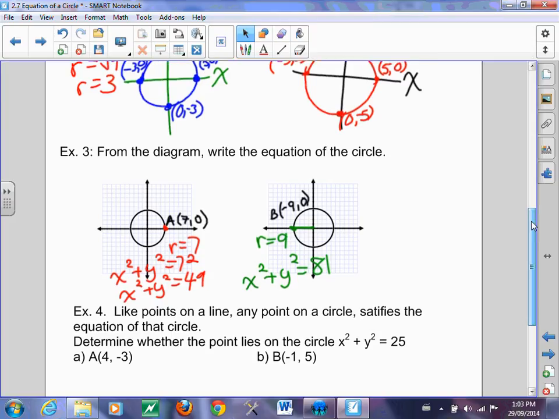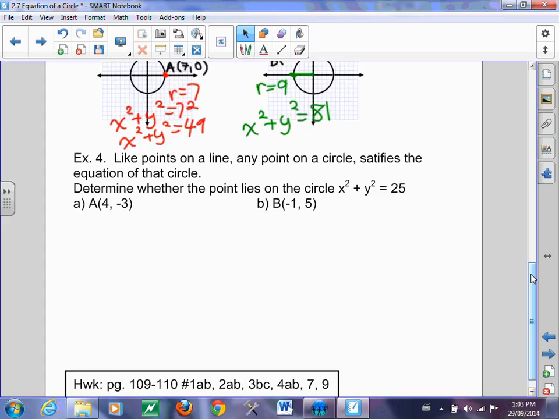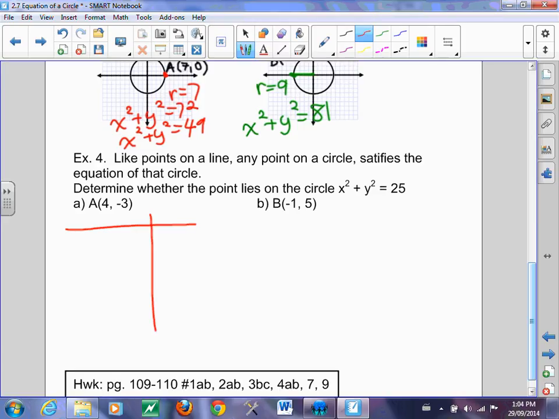Okay, last question for today's video. Like points on a line, any point on a circle satisfies the equation of the circle. So you do the same thing, left side, right side check like we did in warm-up. And we're going to check this out. So on the right side of my equation, folks, I have 25 with an equal sign. And on the left side, I've got x squared plus y squared.